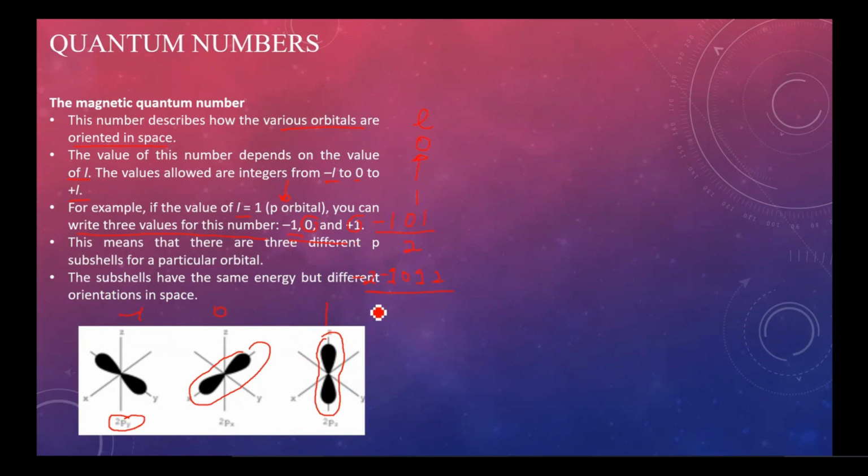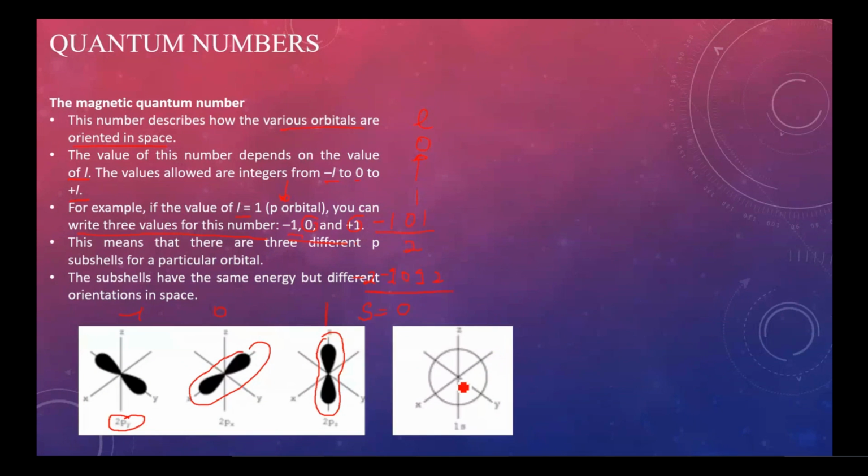Similarly, the s subshell has the numeric value of 0. That means it has only one orientation available, with its center at the origin, and all three orientations would be the same for the s subshell. S is a spherical subshell.